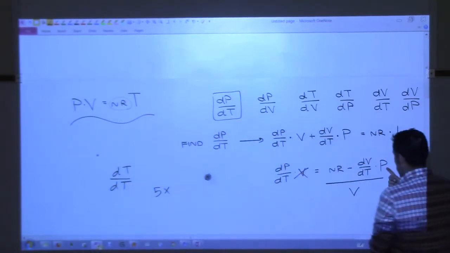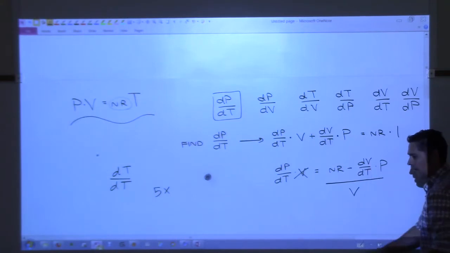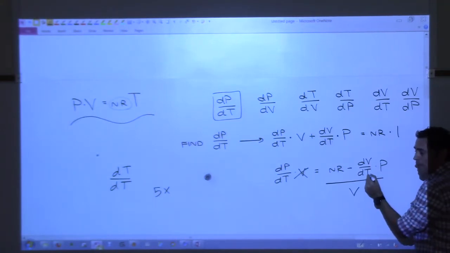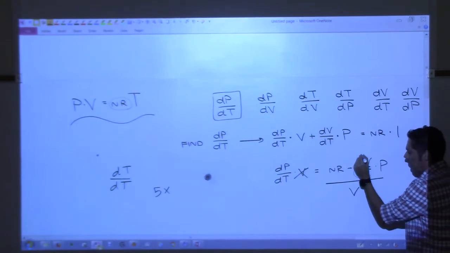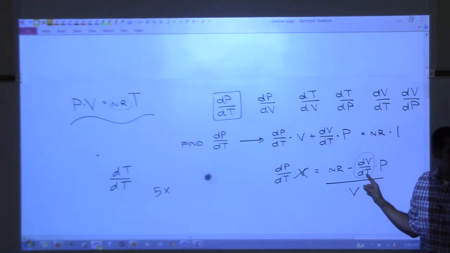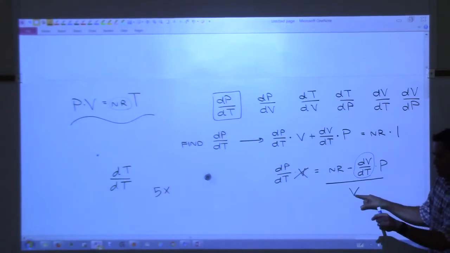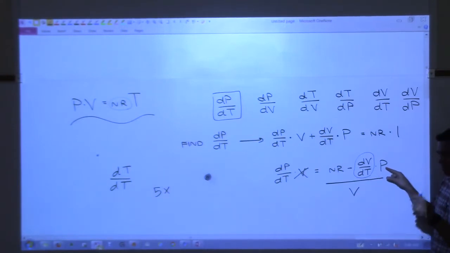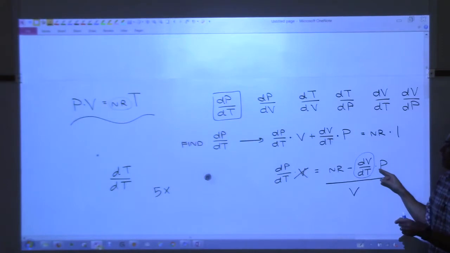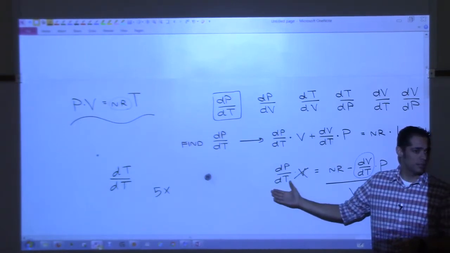I need pressure, I need volume, and I need, this is the key, I can't make this any better for us, you're going to have to be able to tell me how fast the volume is changing. You're going to tell me, at this instant in time, what's the volume? What's the pressure? And how fast is the volume changing? If you can tell me that, I can tell you how fast the pressure is changing.